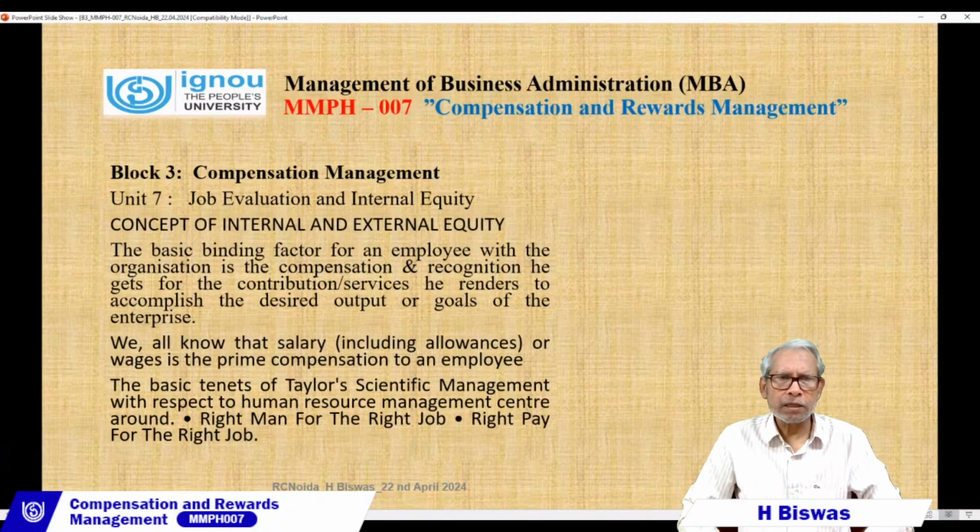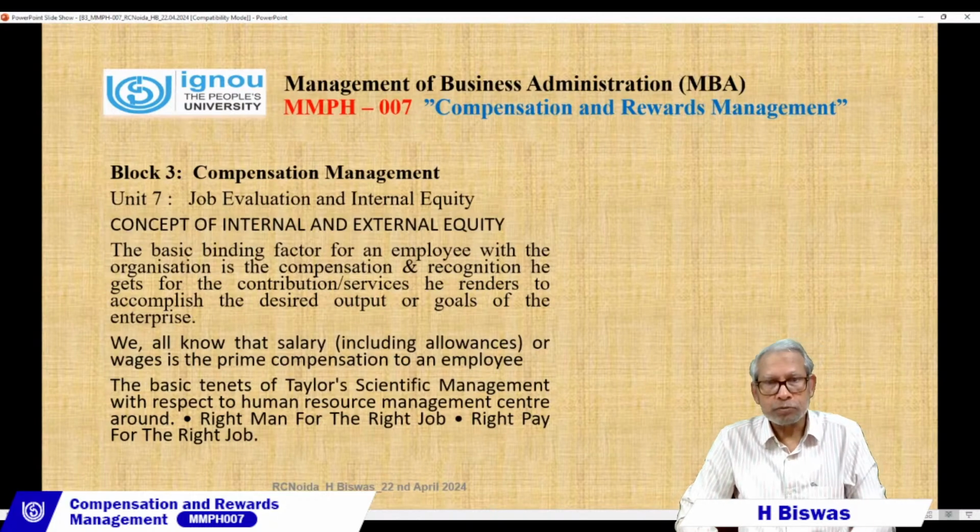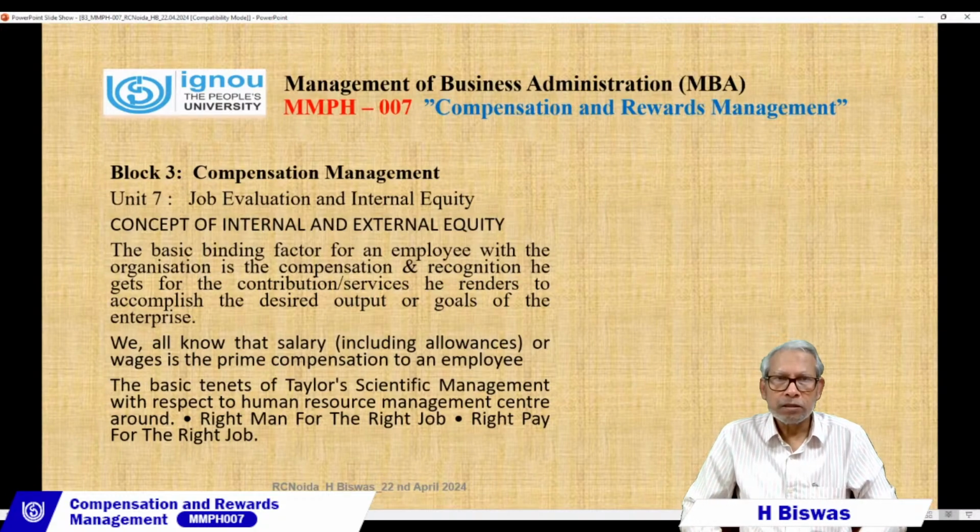The basic tenet of Taylor's scientific management with respect to human resource management centers around the right man for the right job. Taylor's saying is the right person for the right job and the right pay for the right job. There are 2 things: first, the right man for the right job, and secondly, you have to see that it is the right pay for the right job.